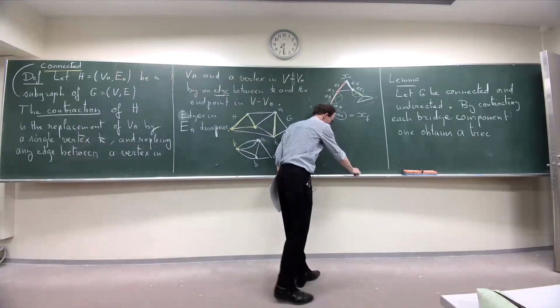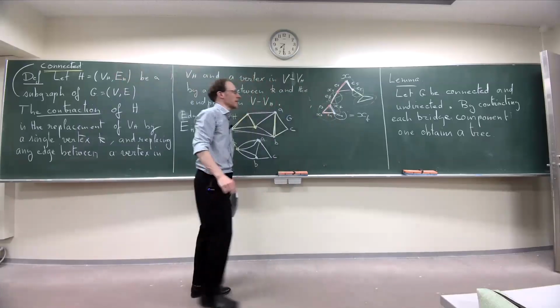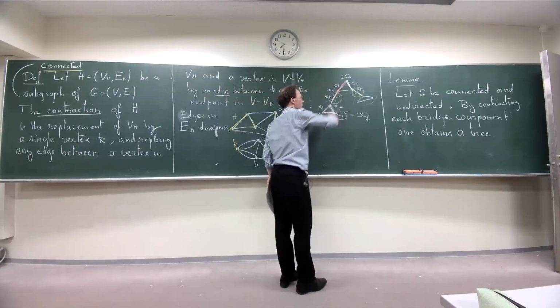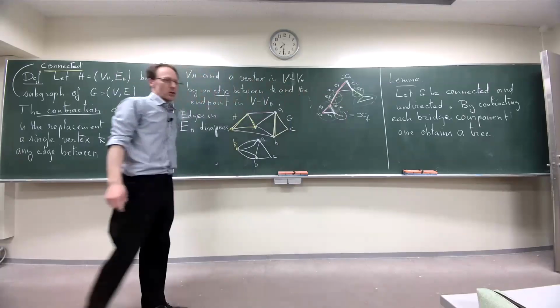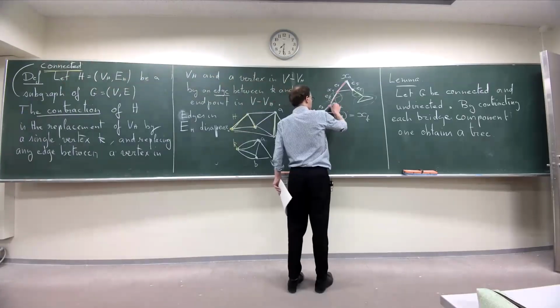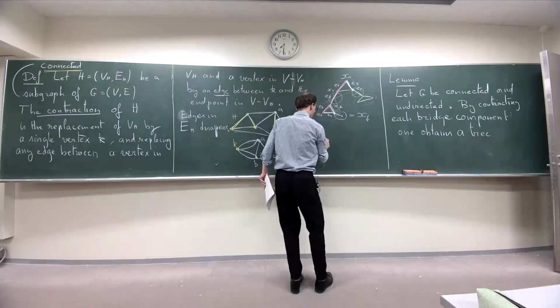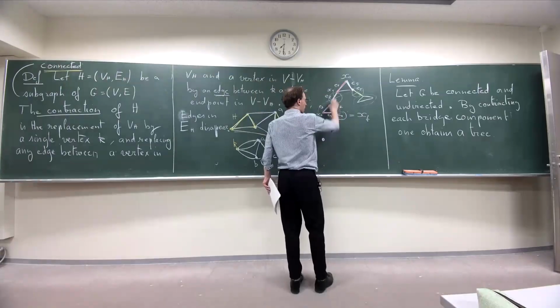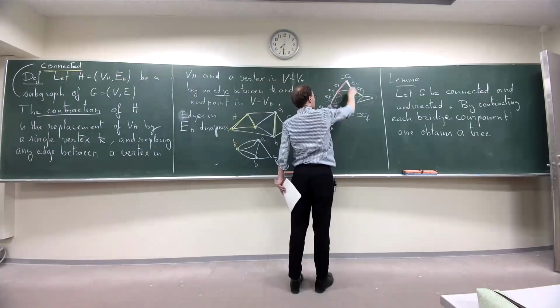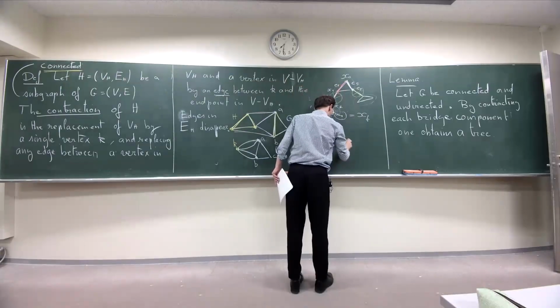Again, it's not difficult. Let's just check on this example. If I contract, as we have seen, we have three bridge components. If I contract, I have just one point here. So I put one point here. I keep this edge. And I have a second point here and a third point here.